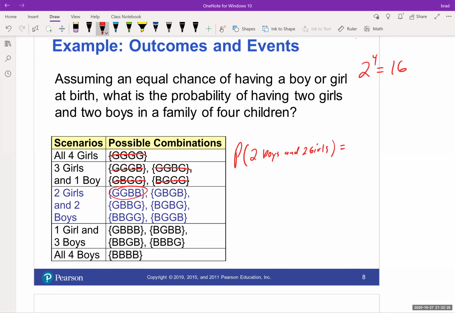However, there's girl, girl, boy, boy, there's girl, boy, girl, boy, there's girl, boy, boy, girl, and so on and so on. And these are out, and these are out, and these are out. So how many situations? There was 6 out of a total of, we said 16. So this would become 3 out of 8, or 0.375. Okay, that's the decimal version of that.